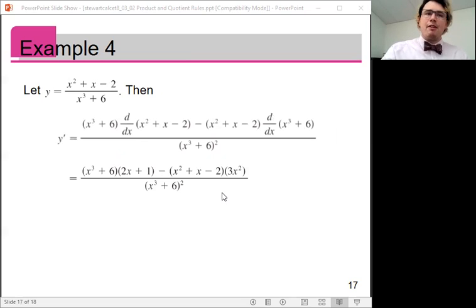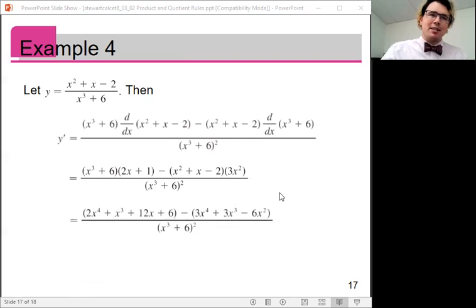Now, I do have a little bit of multiplication to work out, but at this point, the multiplication step takes some time, but it's not something that I would call mentally taxing. It's just tedious, not necessarily difficult. I can go ahead and multiply all these things out. I get the difference of two different polynomials divided by the quantity x cubed plus 6.